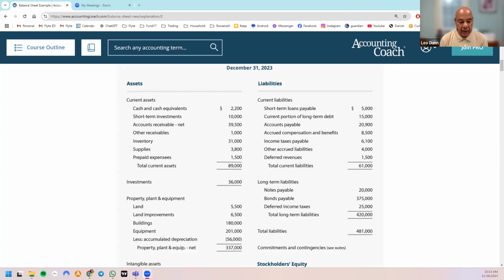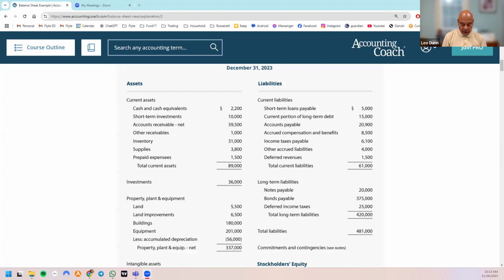Building is an asset that you purchase, but for book purposes, and when I say book purposes, I mean reporting on your financial statement, that asset is spread over 30 years. So each year you would take 1/30th of that $180,000 and reduce the value of building.